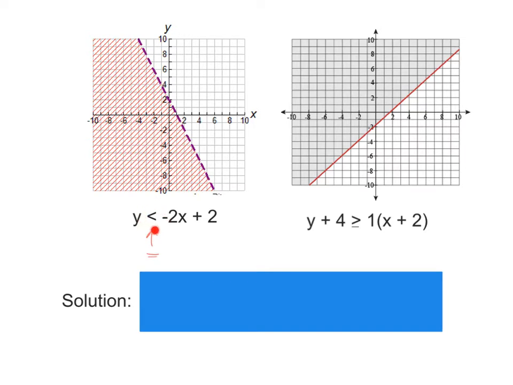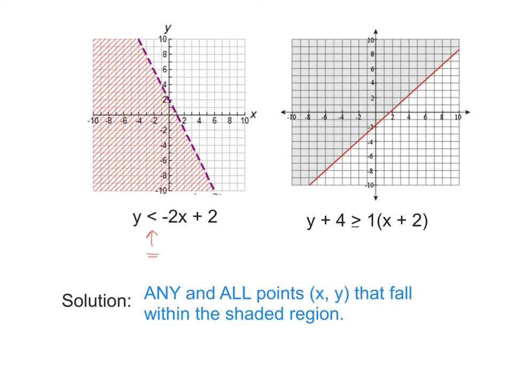But since this says y is less than -2x plus 2, our solution is not simply the points that lie on that line, but in fact, the solution is a little different. The solution to this inequality is any and all points x and y that fall within the shaded region.